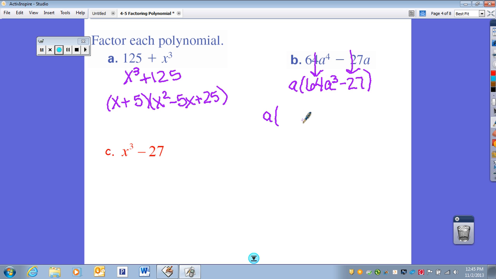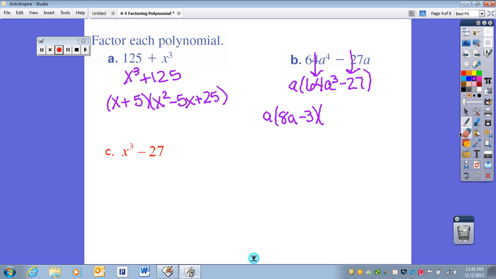We're going to take the cube root of the first term, which would be 8a, and the cube root of the second term, which would be minus 3. Then with our special pattern, the first term is a squared. So, it shouldn't be 8a, it should be 4a as the cube root.